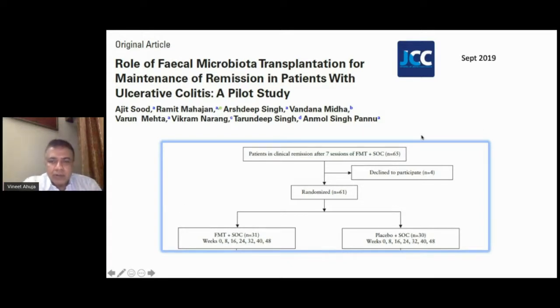It was a randomized controlled study where patients whom they had induced earlier with FMT were randomized into 2 groups, 31 patients and 30 patients, 61 patients total. One group got FMT plus standard of therapy, the other placebo plus standard of therapy. They gave around 7 sessions of FMT in a year and followed them for a year.